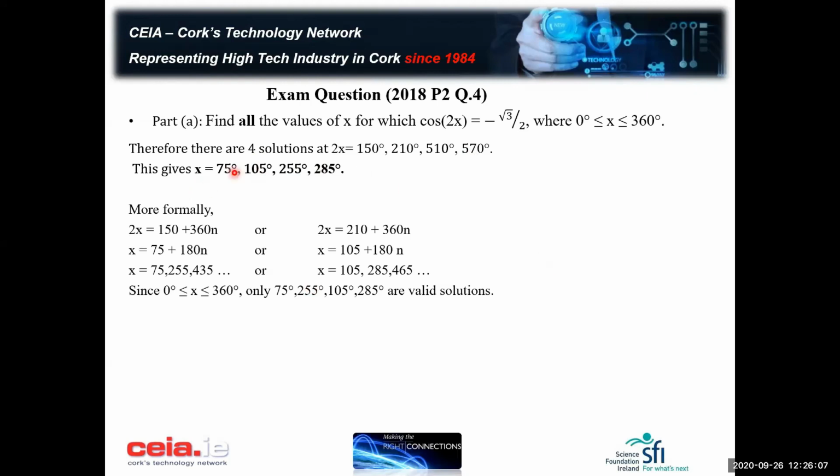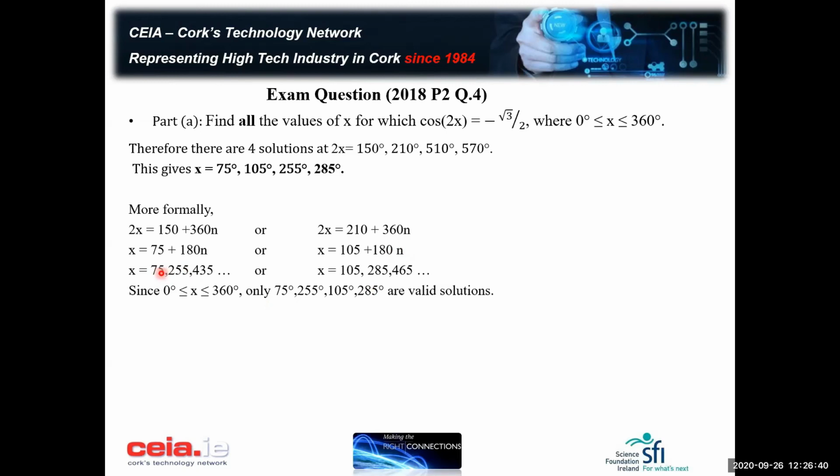To do it more formally, you say, okay, from the unit circle, we see we have 150 degrees and 210 degrees as our solutions. You can add any multiple of 360, so n times 360, to either of those solutions. For x, you need to divide, so the solution is 75 plus n times 180, or 105 plus n times 180.